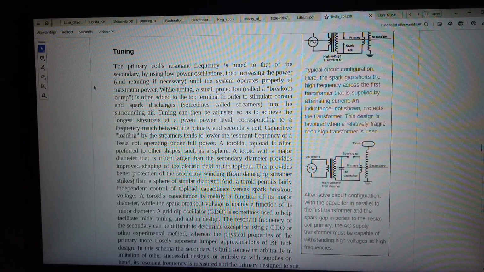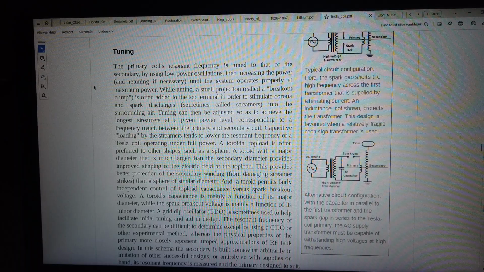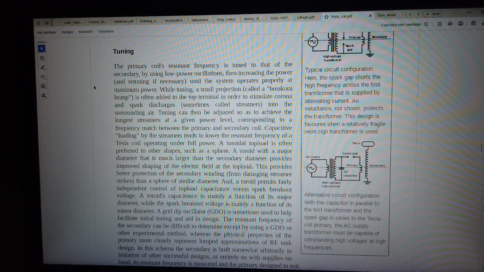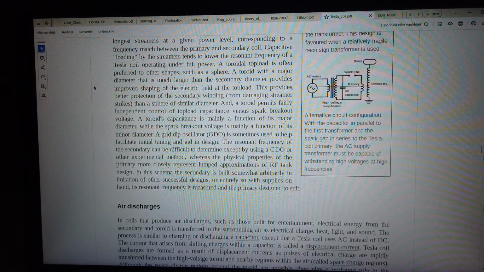A toroidal top-load is often preferred to other shapes, such as a sphere. A toroid with a major diameter that is much larger than the secondary diameter provides improved shaping of the electric field at the top-load. This provides better protection of the secondary winding from damaging streamer strikes than a sphere of similar diameter.